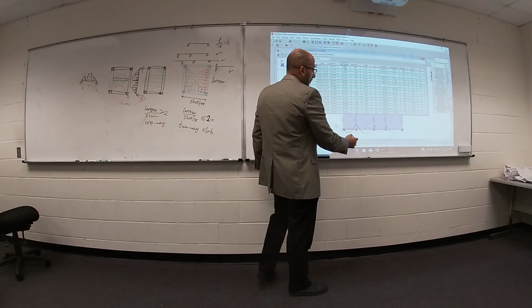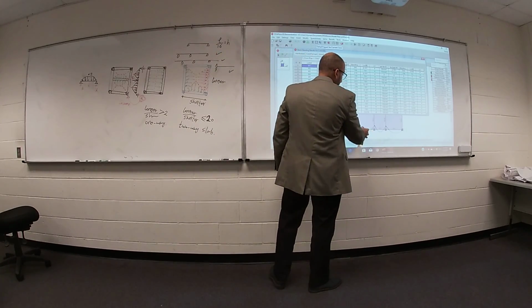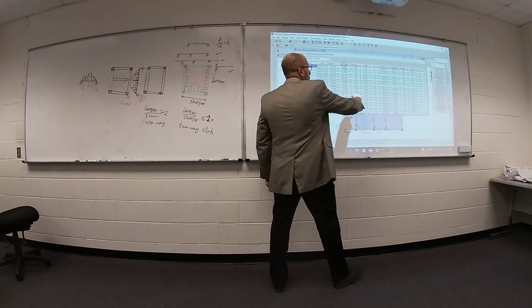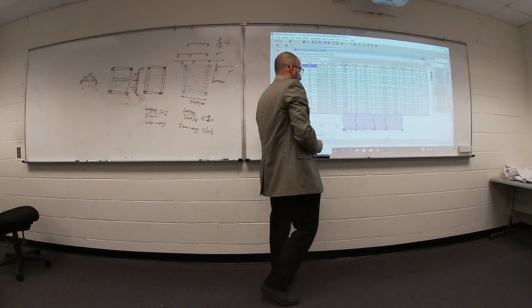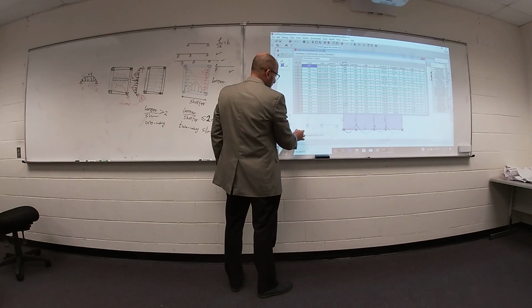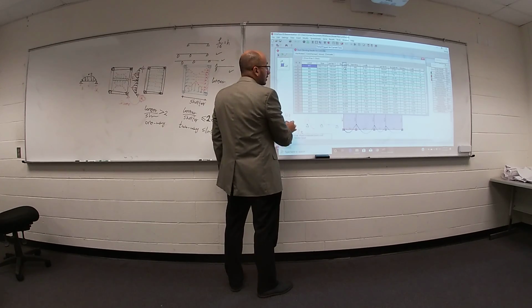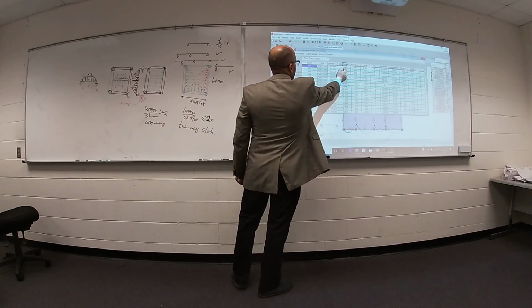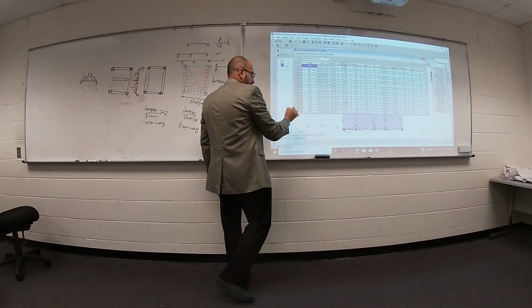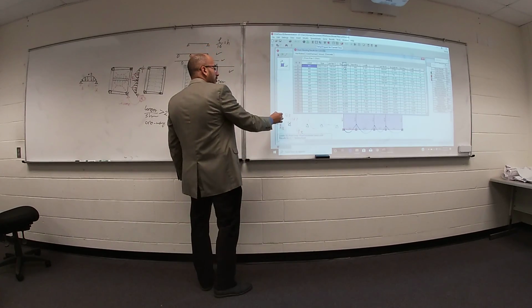For M2, yes, I can tell you what is the moment at top and what is the moment at bottom. So moment at bottom, 17.2. Moment at top from this side, 17.7. Here is your M ultimate.